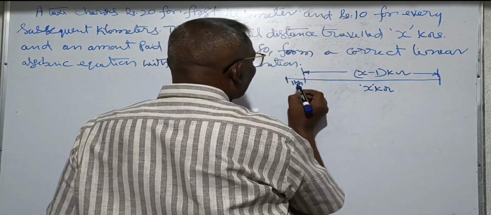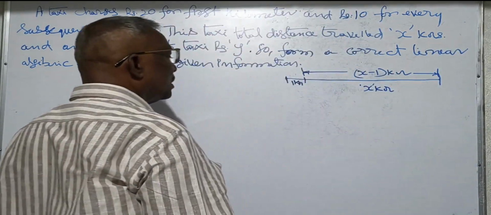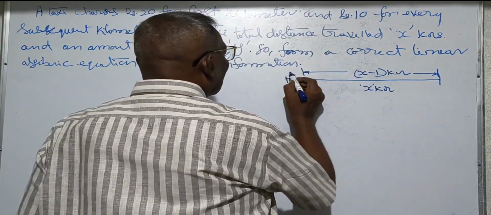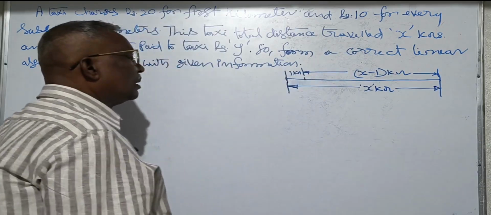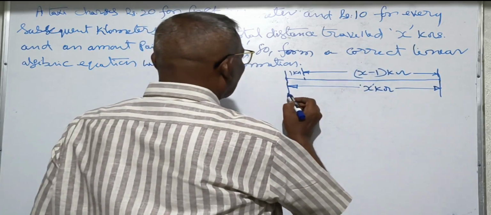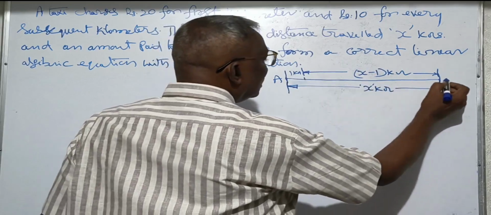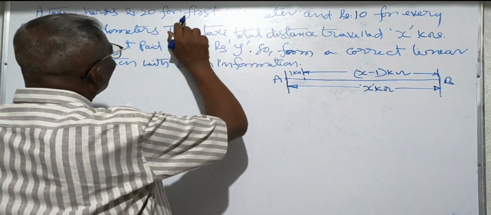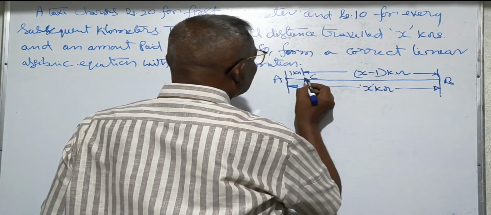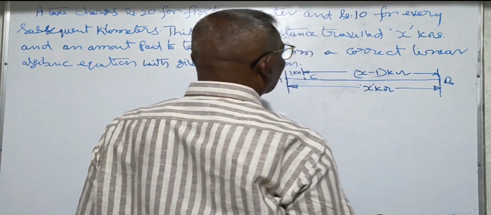Because the total distance is x kilometers, I will write 1 km here. The total distance travelled is from A to B. A taxi charges 20 rupees for the first kilometer, so this is C. A to C is 1 kilometer, and the remaining C to B is x minus 1 kilometers.